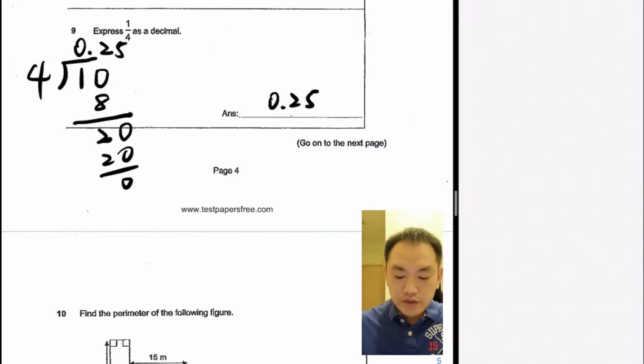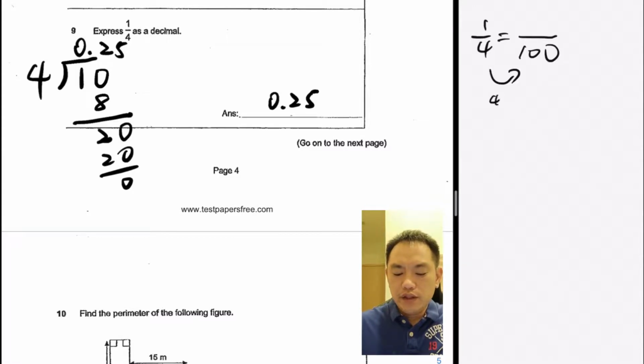Another way to do this, as I said, is converting the fraction. So for the fraction 1/4, can 4 be converted to 10? Not really. But can 4 be converted to 100? Yes, 4 times 25 equals 100. Whatever you do to the bottom, you do the same to the top.